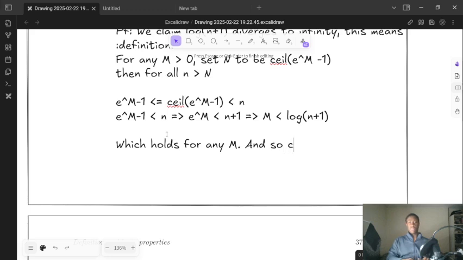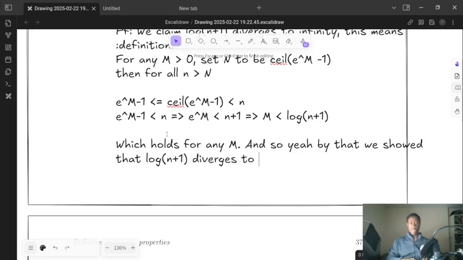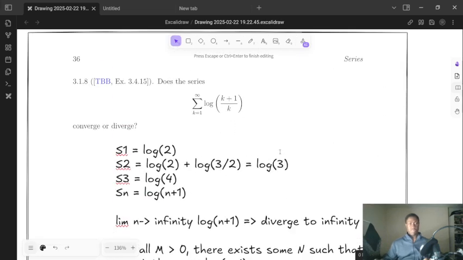And so, yeah, by that, we showed that log of n plus 1 diverges to infinity.